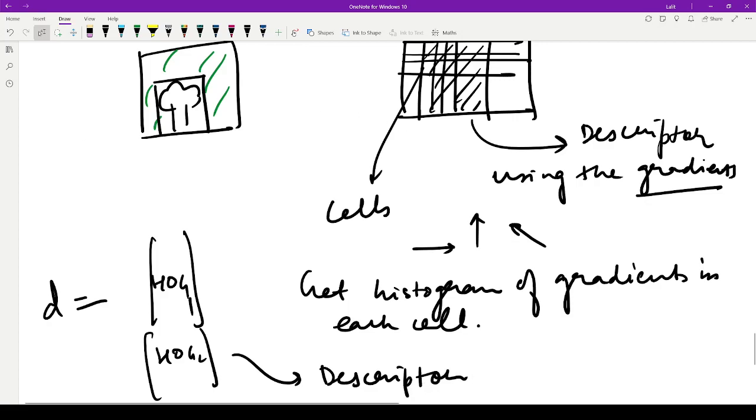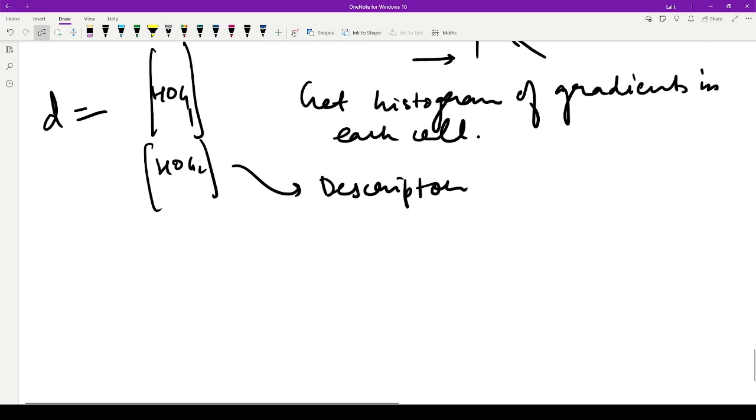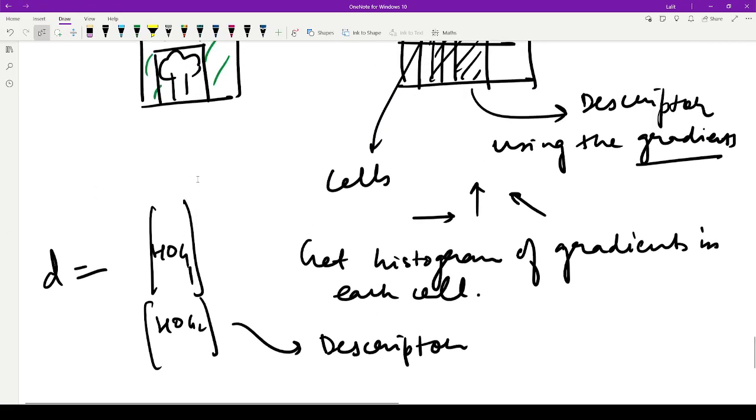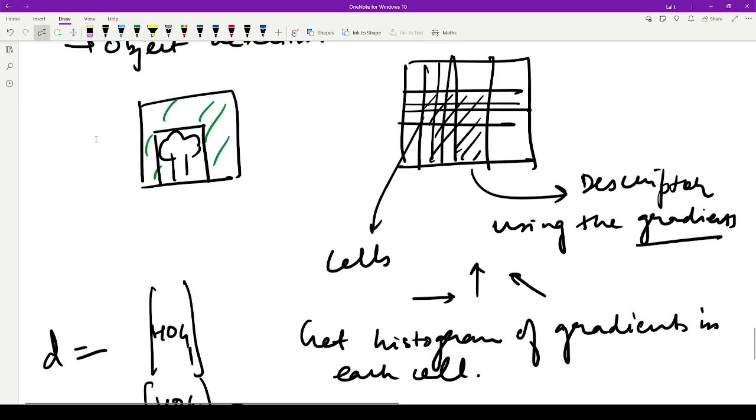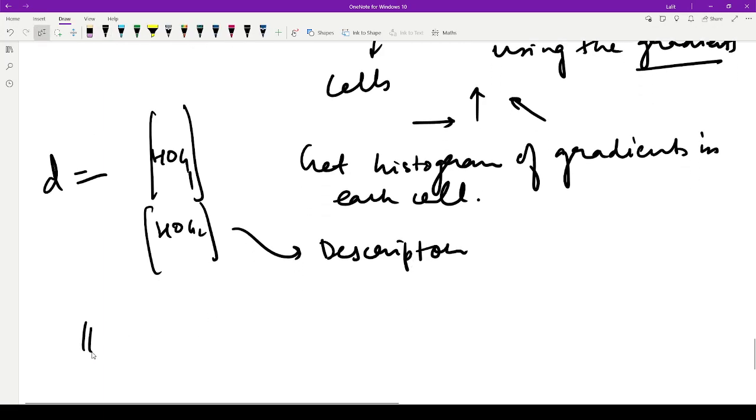So that's the core idea. Of course, there are implementation aspects out there on how to do it. And then once this is done, the point is these gradients are now dependent on how your intensity of the image is, right? So what you can do is you can just normalize it, for instance, to be norm one.